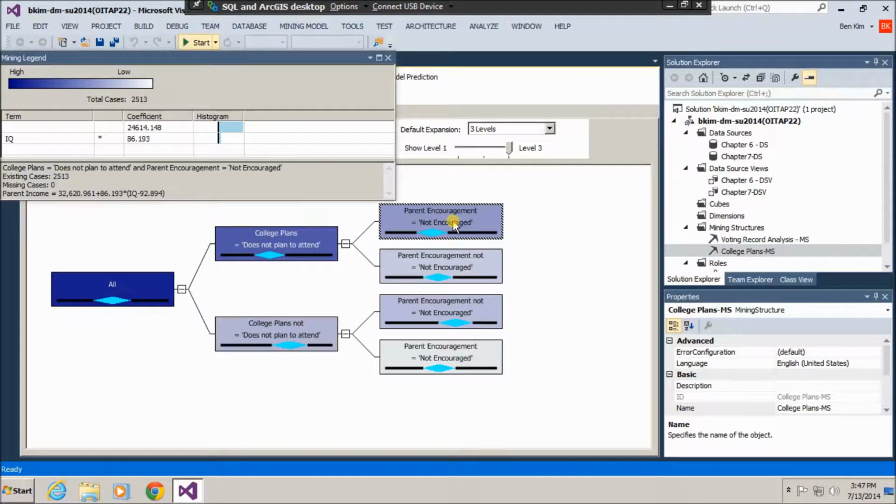Let's look at this one. For people who do not plan to go to college, and parents do not encourage going to college, they have this model, with 24,614 and 86 for the y-intercept and the slope respectively.